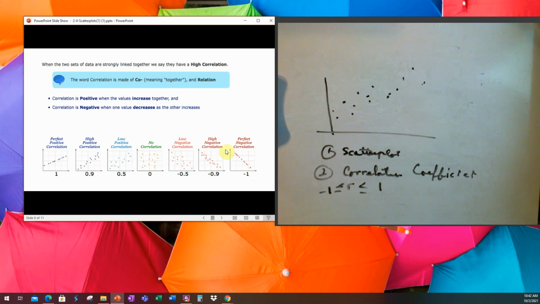And then we kind of move out from there. There's a little bit of variation here, but as I go, one increases and the other one tends to decrease. It's not along a straight line, but it's still clustered around some line.